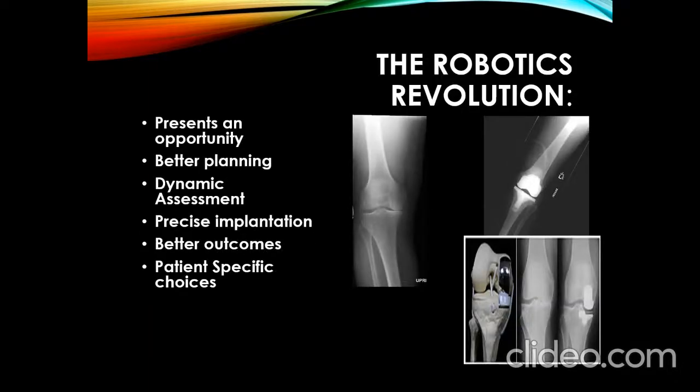So in summary, robot-assisted technology presents us surgeons with an opportunity to very carefully plan the procedure before the patient enters the operating theater. It allows us to fine-tune the operation. We're able to very precisely and accurately implant the prosthesis that is tailored to that individual patient. And what it means for you as the patient is better outcomes in terms of quicker recovery and quicker return to work.